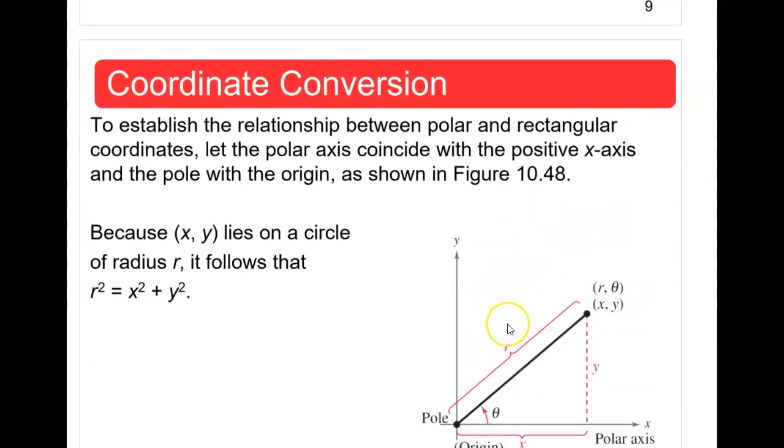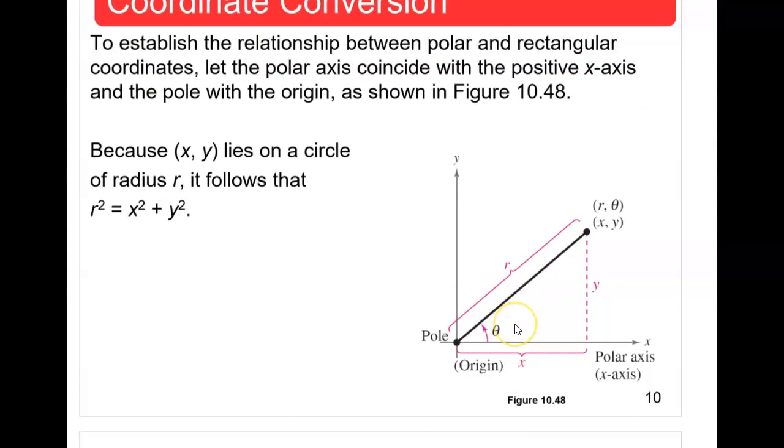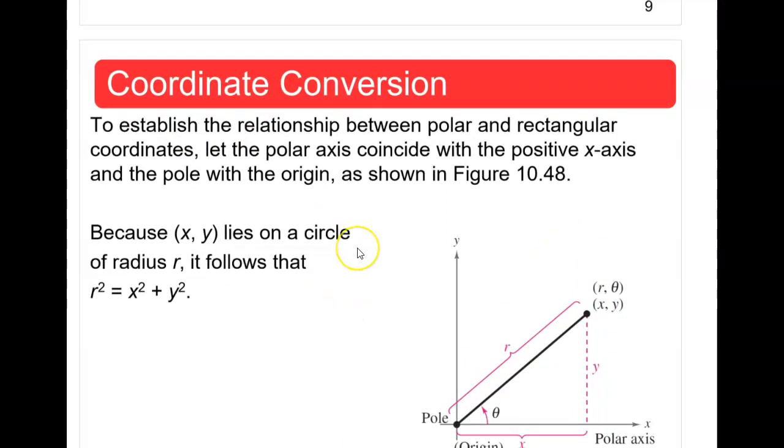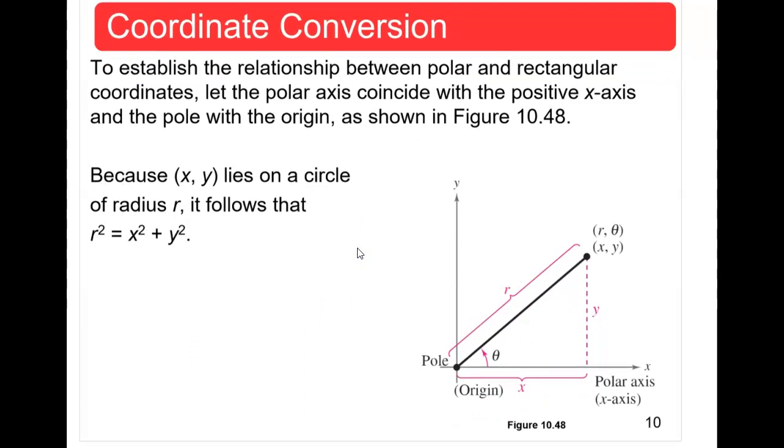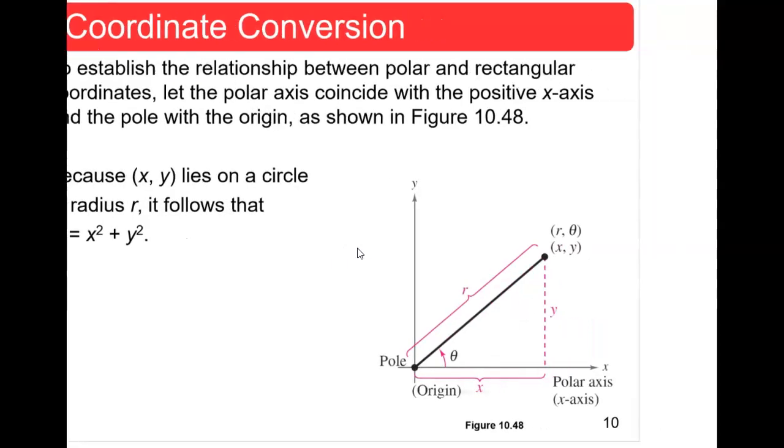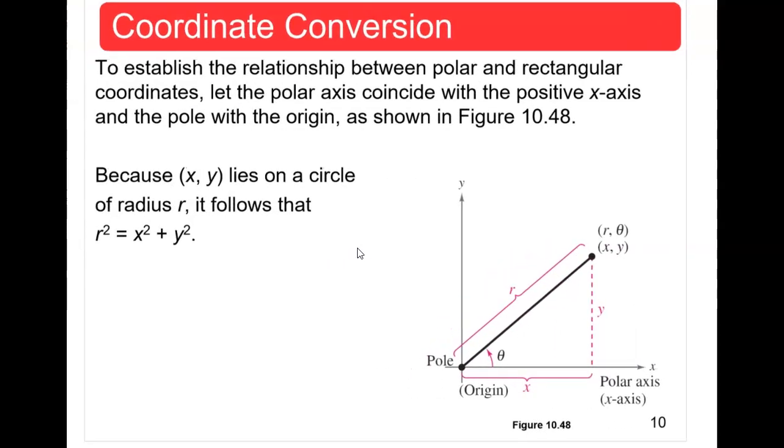So now we're going to move on. Now that we know how to plot the points, we're going to move to conversions. To establish the relationship between polar and rectangular coordinates, let the polar axis coincide with the positive x-axis. And I do actually call them the same.